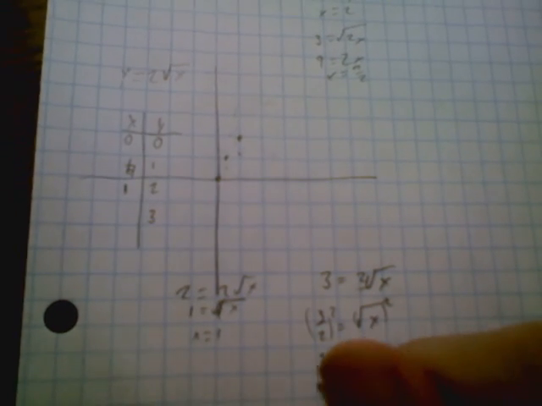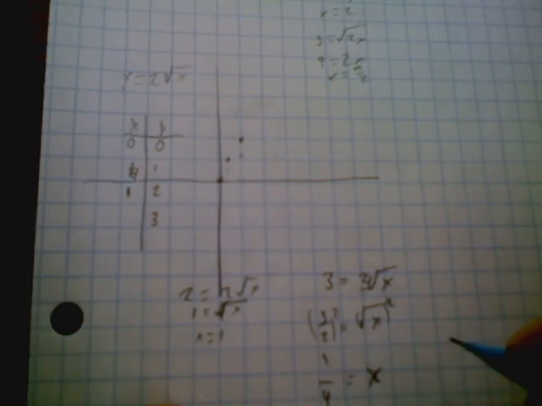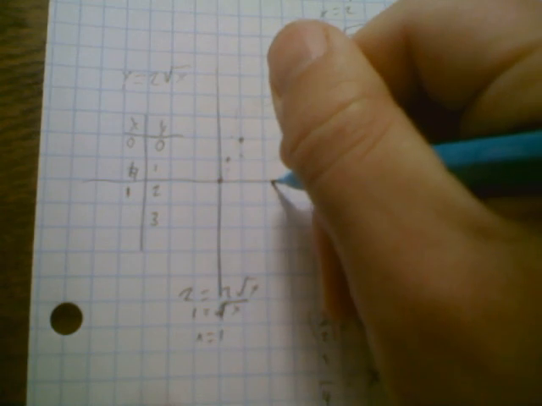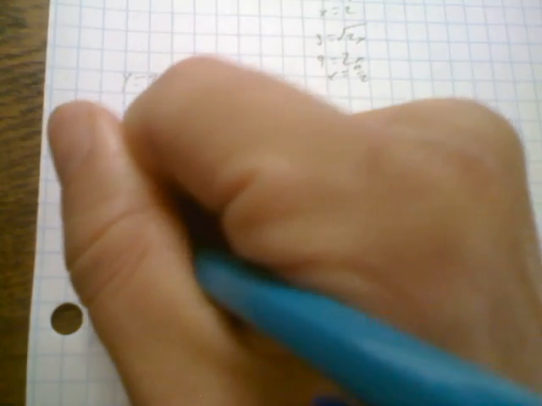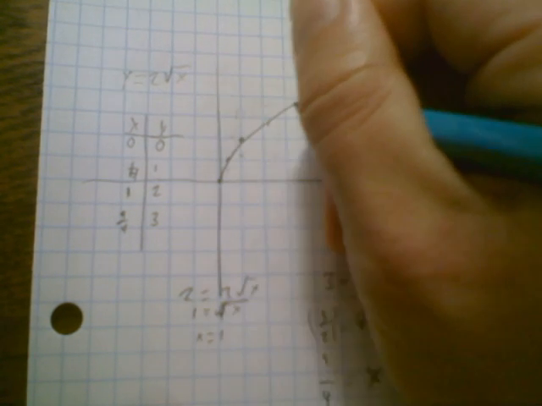That means 9/4 equals x. So 2 1/4, 3. And so this one is going to look a little bit different. You can see how they're all looking a little bit different. And everything else after that is really just solving.